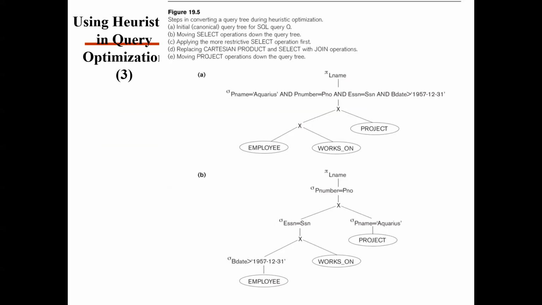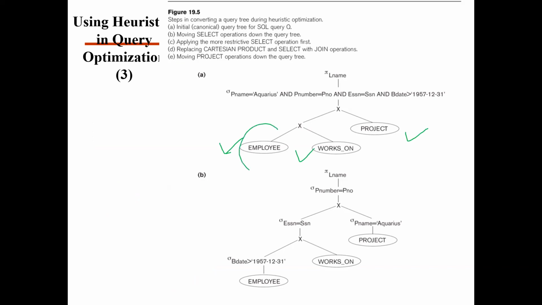The first one, we know in the leaf we put the table names. So you remember we have root, we have intermediary operations, and then we have leaves inside our query tree. The leaves are always the table names. This is our table name, this is our table name, this is our table name.